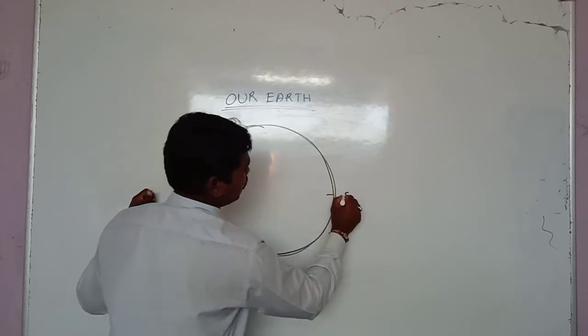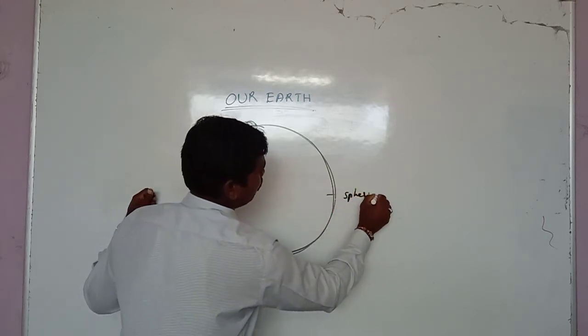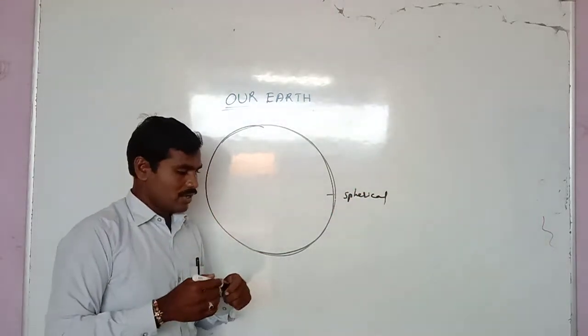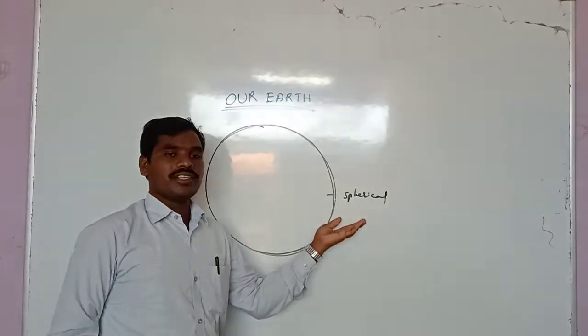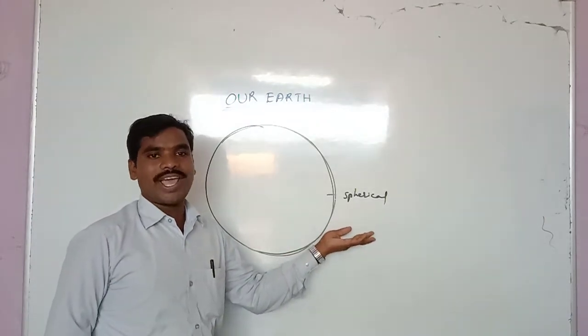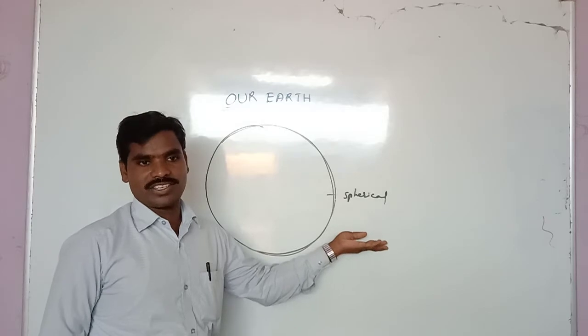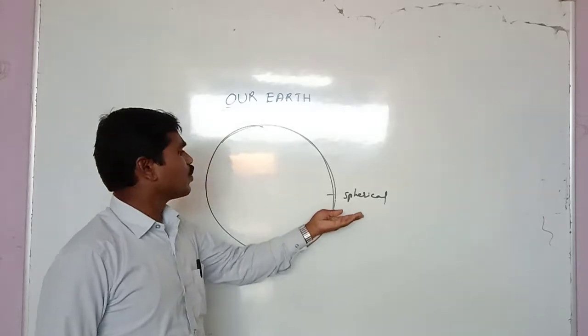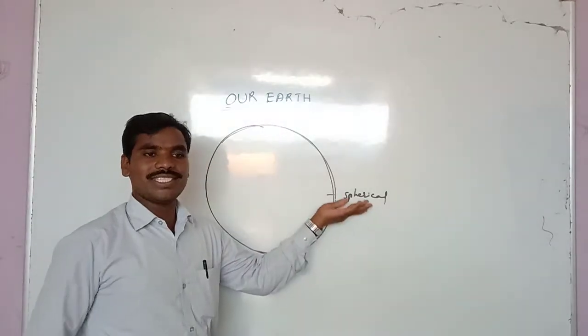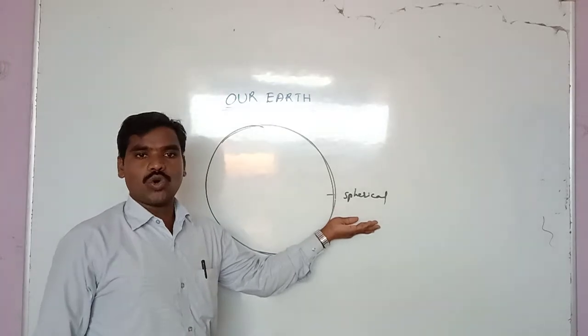Generally we studied in 6th and 7th classes that earth is round, like a globe, like a ball. But in this class we are going to study deeply what is in the ground of the earth.